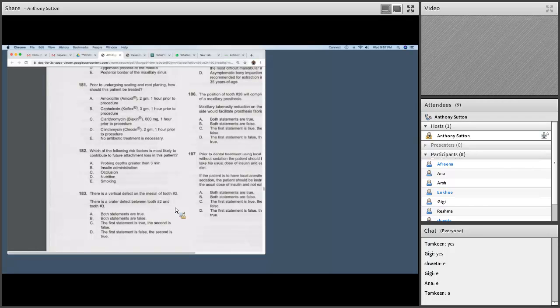Well, the probing depths that are greater than 3, these are managed. Remember when we talked about perio? When we have pocket depths that are larger than 3s, this is managed by removing the etiology, right?